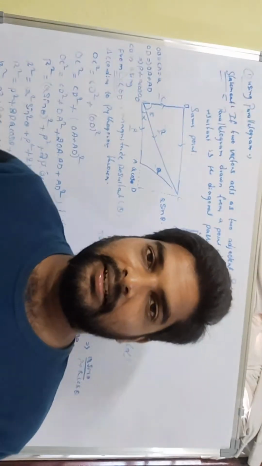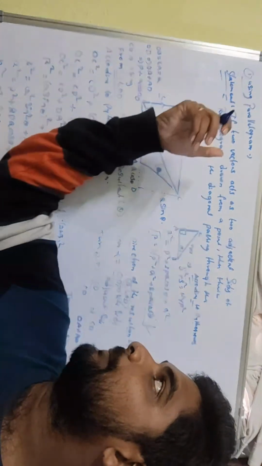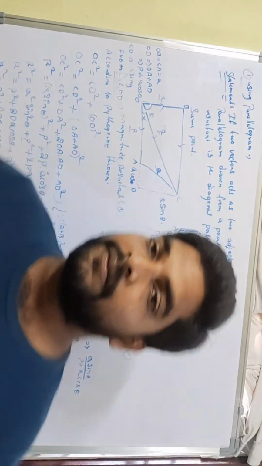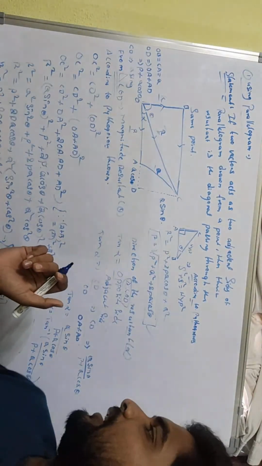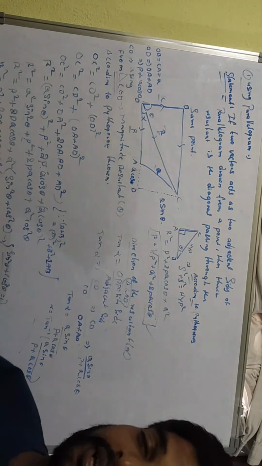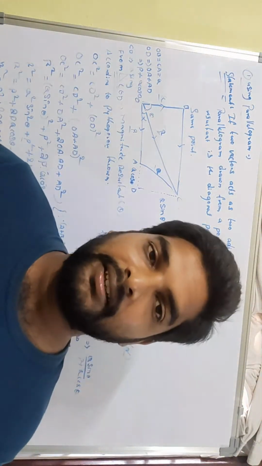This is the direction of the resultant, and the earlier one is the magnitude of the resultant. This is the way we apply the parallelogram method to find the magnitude and direction of the resultant of a vector.